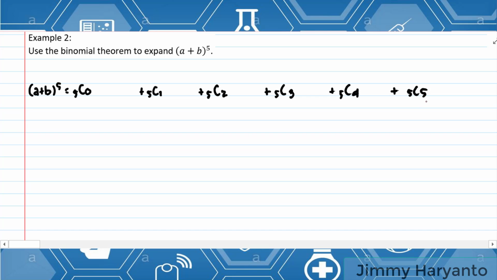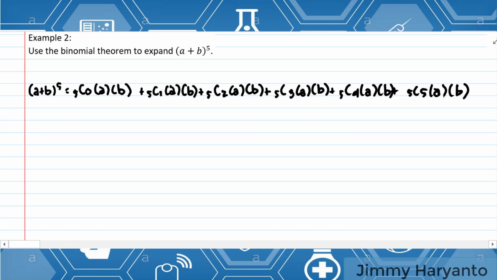Then write the a and b for each term, and then the powers. For 5C0, the power of b is 0, 1, 2, 3, 4, 5, and the opposite for a: 5, 4, 3, 2, 1, 0.